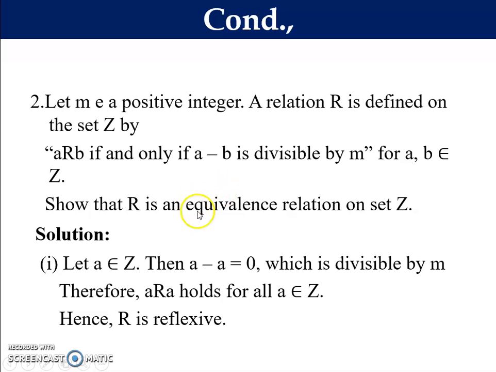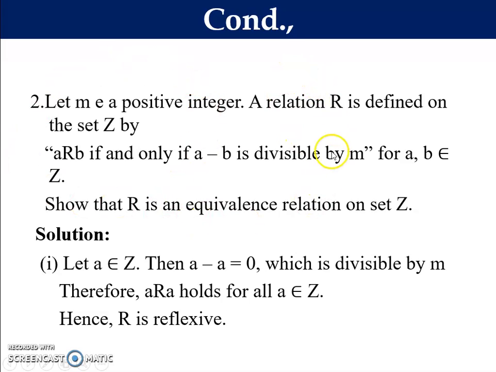What are the criteria R has to satisfy? R must satisfy reflexive, symmetric and transitive. Then we say that R is an equivalence relation.